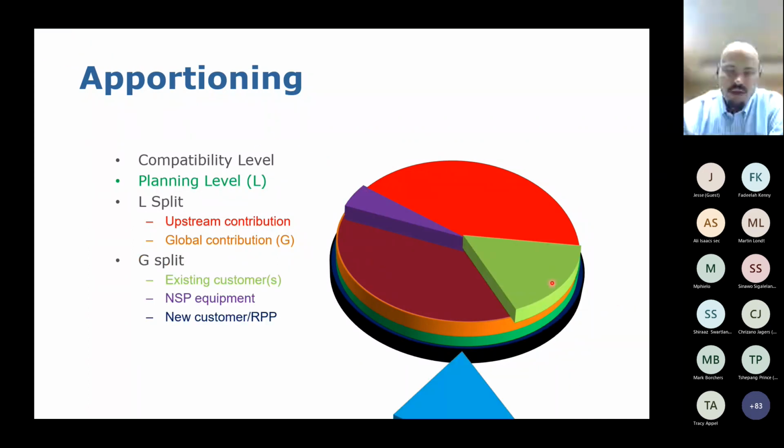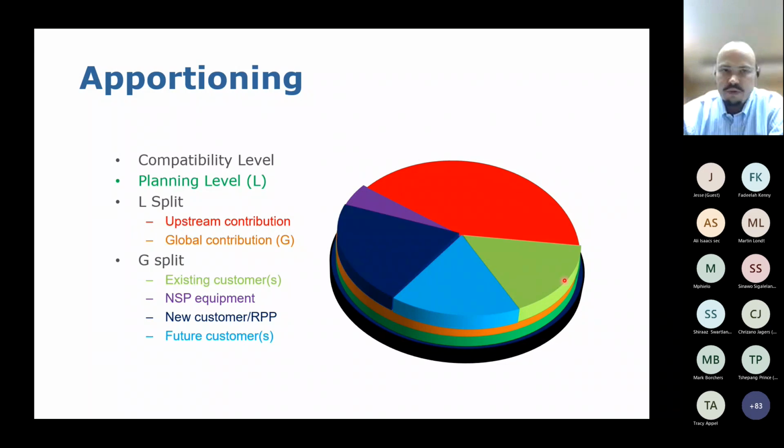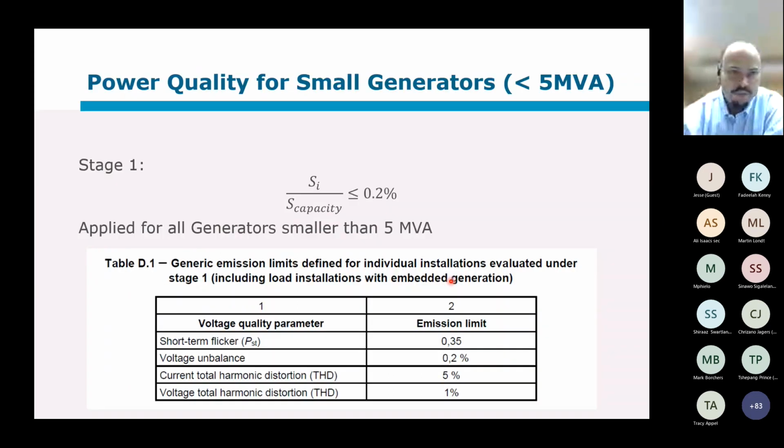This part here gets sliced further between the different customers. And the latest document basically says that you slice this evenly for all possible customers. So you leave a slice for future customers as well. There are different philosophies, which we'll address in a different course later in the year, and we go into this in more detail.